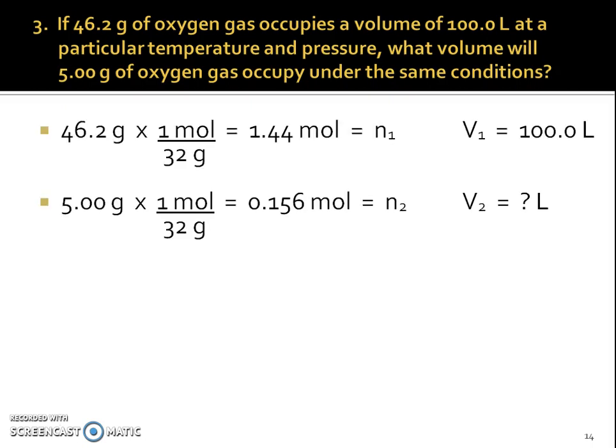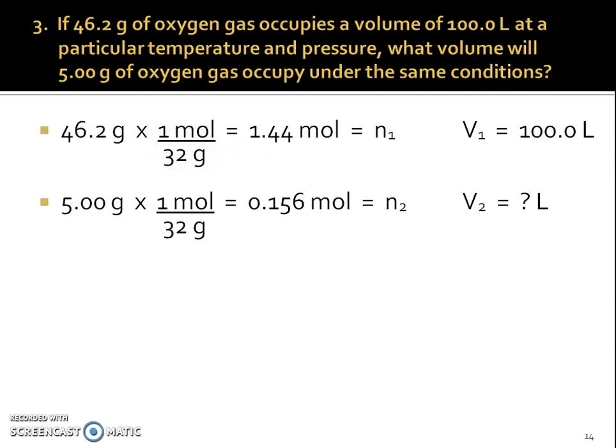Number 3. Ooh, grams. When they give us grams, guys, go right to moles. You will never see a gas law problem that necessarily deals with grams. You are going to most likely have to change those to moles right away. So using the formula weight of oxygen, which is 32, right, because oxygen is O2.